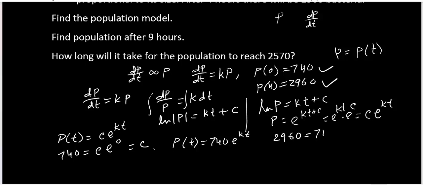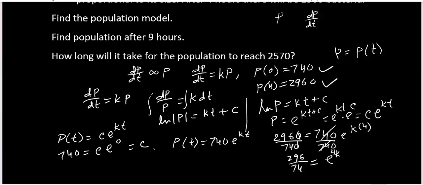2,960 will equal 740 e to the k, with t equals 4, right? So from both sides you can divide by 740. You can cancel one 0 in here. So you are getting 296 over 74 equals e to the 4k.